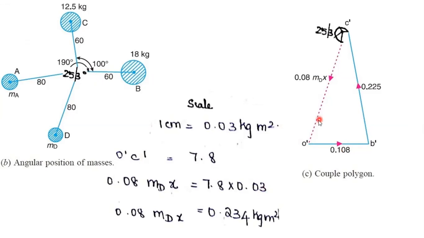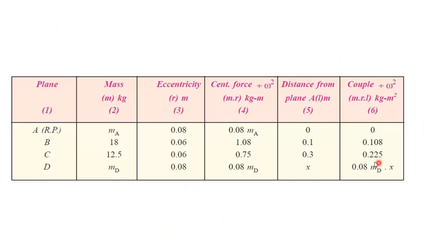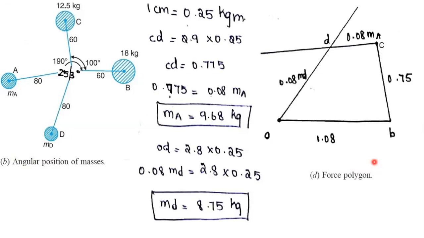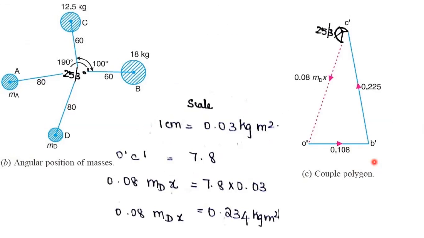And next is C. C value is 0.225. 0.225 divided by the scaling, 0.03, means you'll be getting 7.5 centimeters.